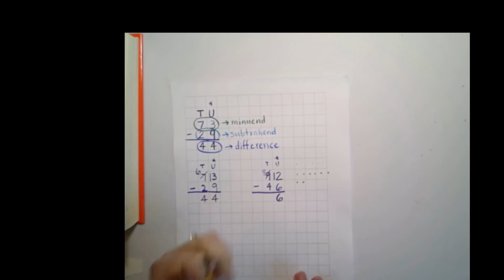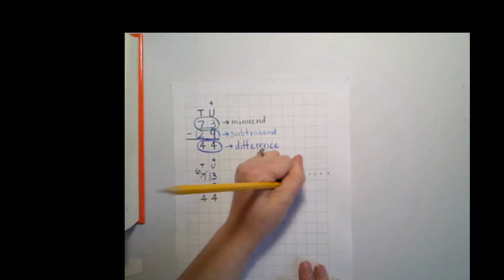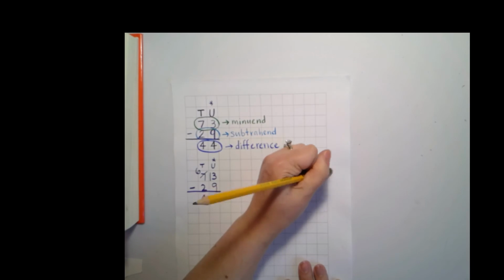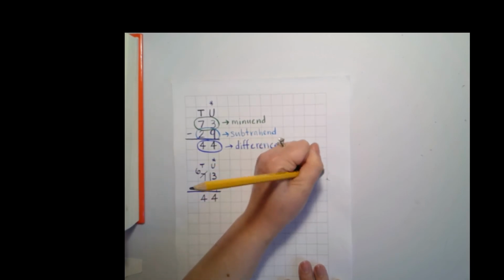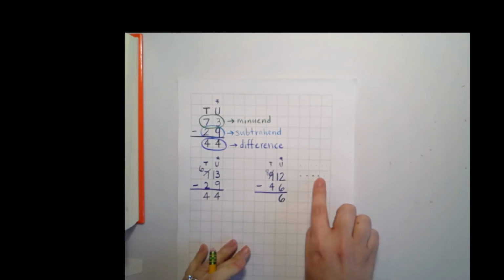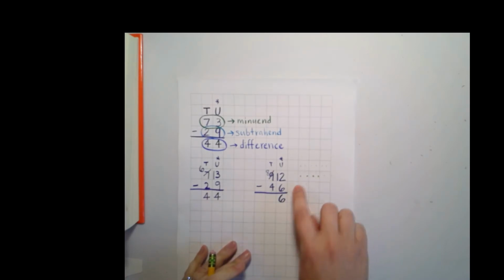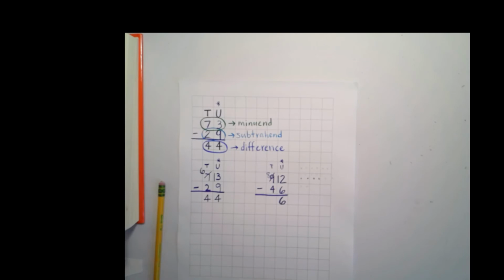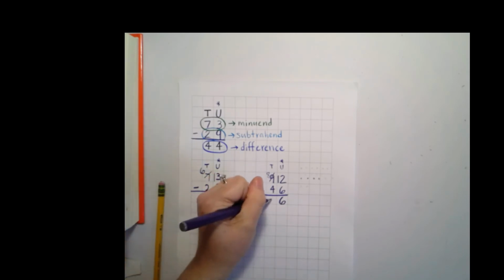Now I will erase 4 of them. 1, 2, 3, 4. And I'm left with 1, 2, 3, 4 dots. So I will write 4.